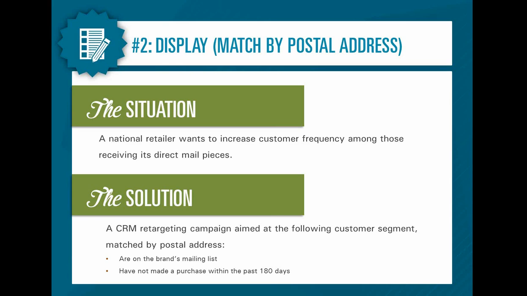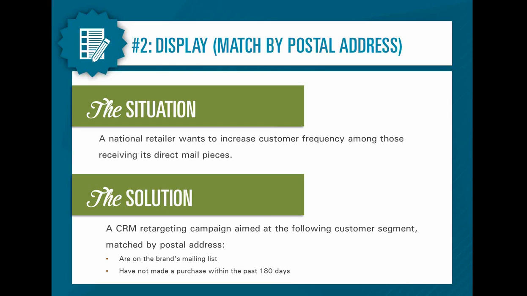And so this CRM retargeting based on postal address matching is a way that not only they can perhaps prepare in the long term to shift away from direct mail or catalogs completely, but even if that's not something that is realistic in the short term, even the midterm, it's something that we can be looking to complement with right now.